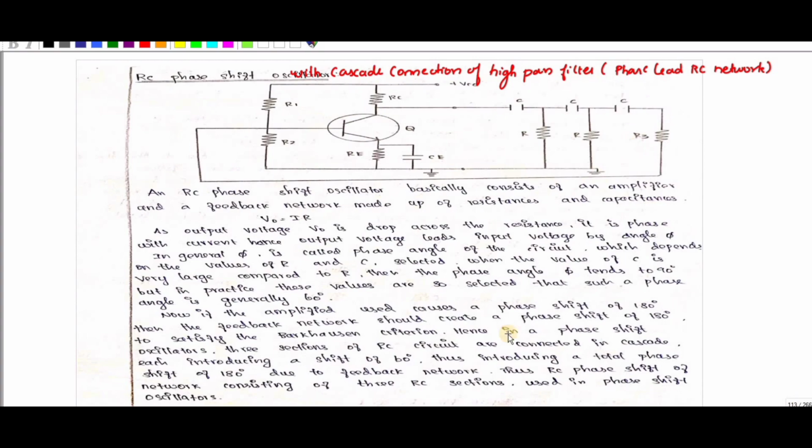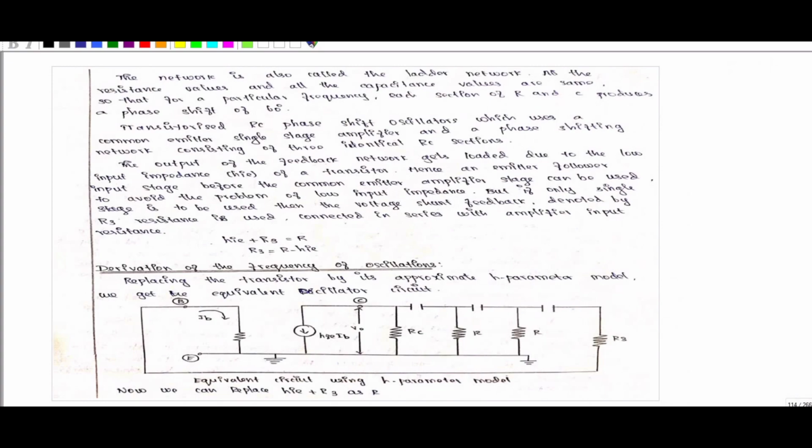So you can see this connection. This is the equivalent circuit of the BJT. Here you have HIE, right? And in the collector I have connected one RC, right?